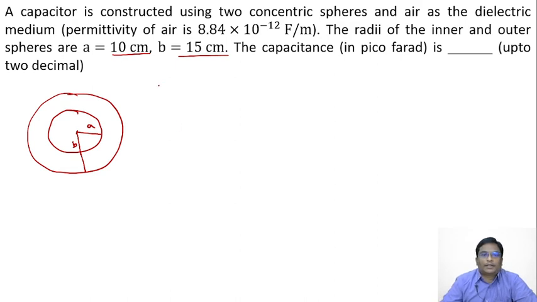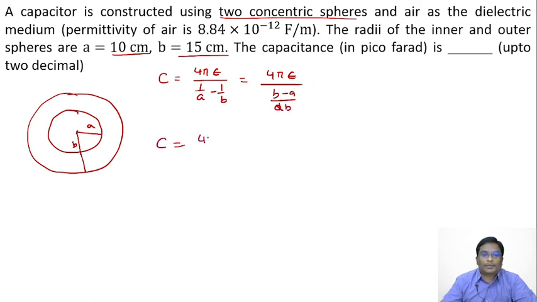Here I'm directly giving the formula for two concentric spheres. The capacitance can be calculated as 1 by 4 pi epsilon times 1 by A minus 1 by B, or 4 pi epsilon times (B minus A) by AB, or the capacitance is 4 pi epsilon A into B by B minus A. Just substitute the values.